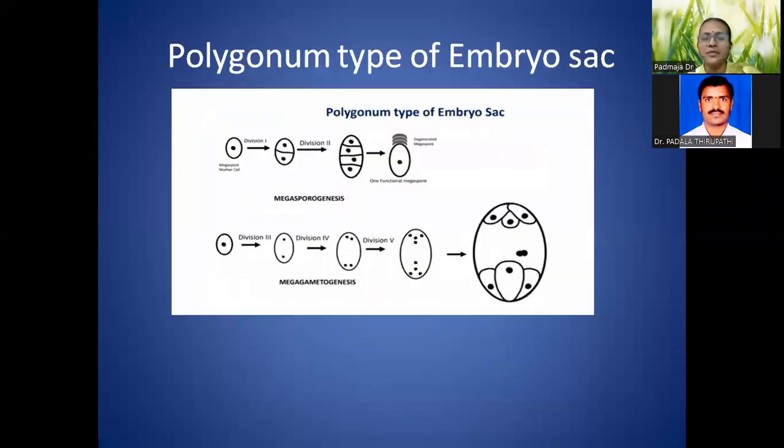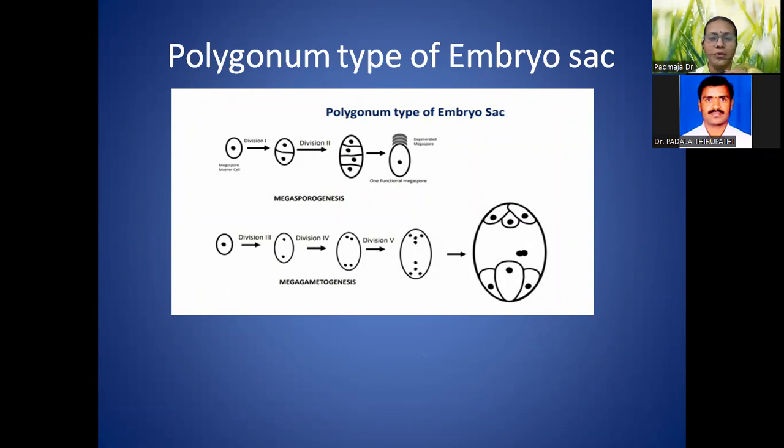Now, if you see the diagram, the first one is the megaspore mother cell. This megaspore mother cell undergoes reduction division, meiosis 1 and meiosis 2. After meiosis 1, 2 nuclei are formed, called the dyad, the upper dyad and the lower dyad. Again, these divide by meiosis 2. As a result, 4 nuclei are formed.